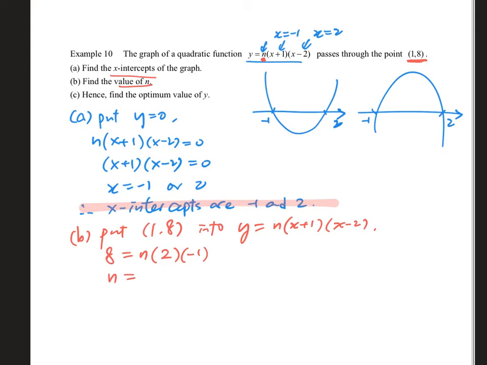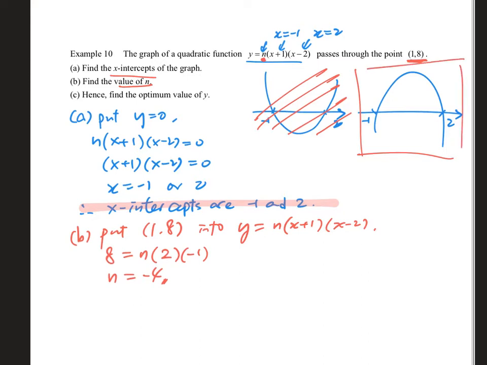So which gives you minus 4 finally. So we can delete the first diagram, which is wrong. The other should be the proper picture of this quadratic function that we're studying.